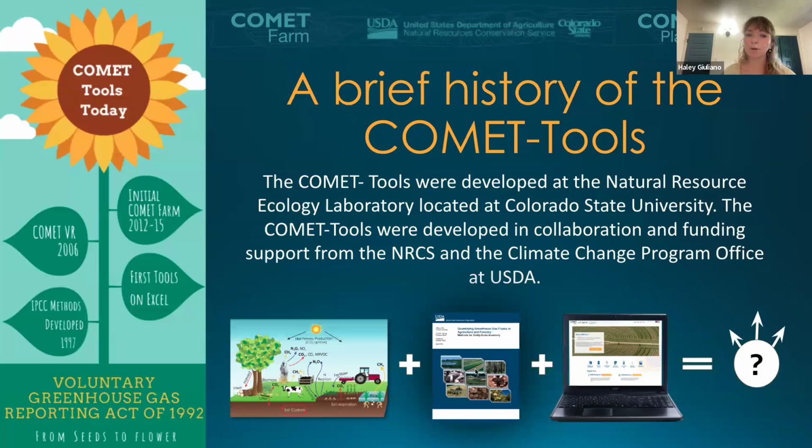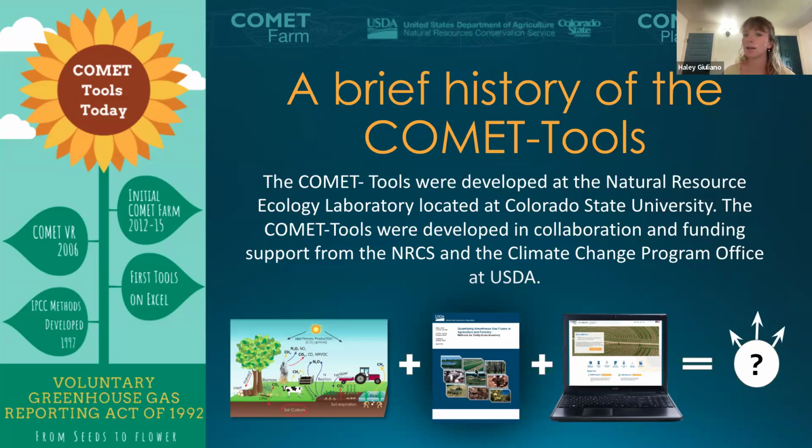And so COMET Farm was originally designed as a way for farmers, ranchers, conservation planners, educators, anyone to estimate emissions related to that agricultural management, and using that to make informed decisions on the potential management changes that could impact soil carbon and greenhouse gas emissions.